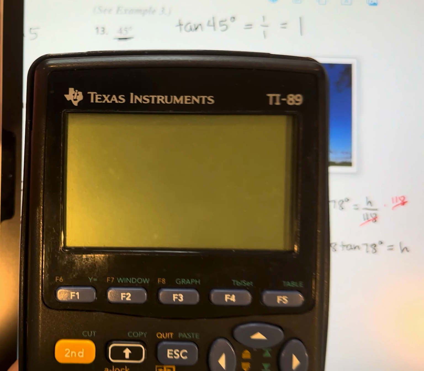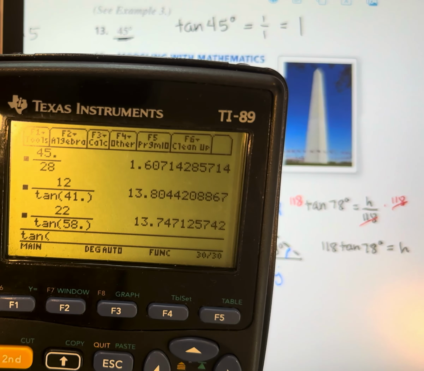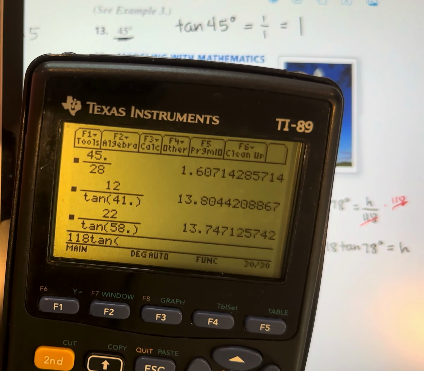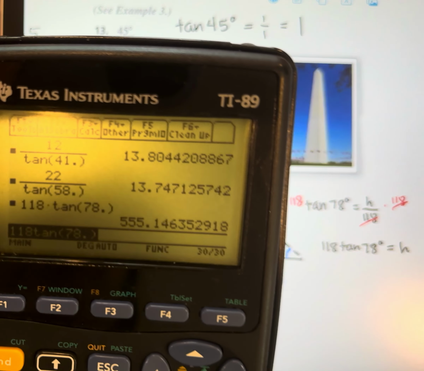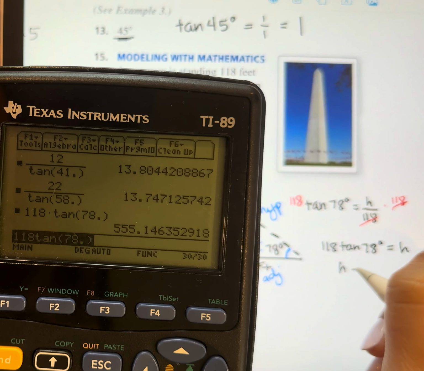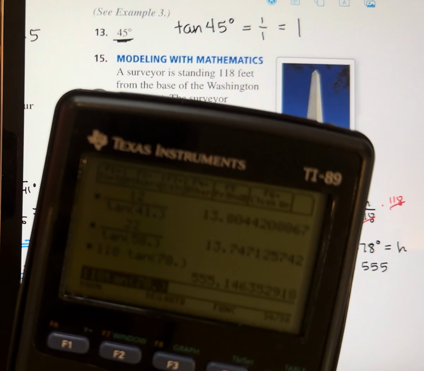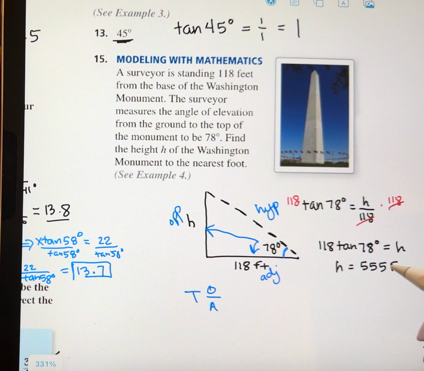And then this is a job for the calculator. 118 times tangent of 78. 555, what are we rounding to? To the nearest foot, so just 555, and then the unit is feet.